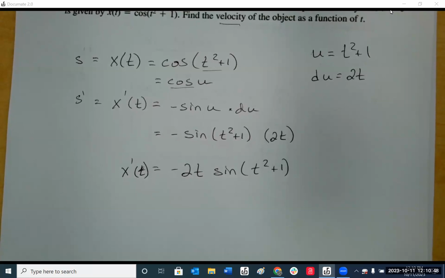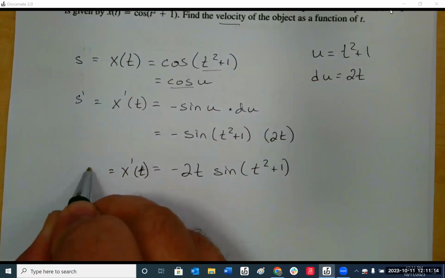We can go again. We can take another derivative if you want. We can find the acceleration. We do the same process, but for the sine function, we have to do the chain rule there. Actually, let's go ahead and find that.